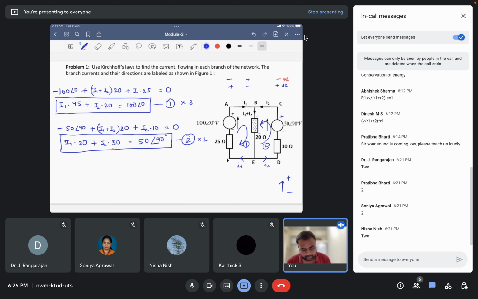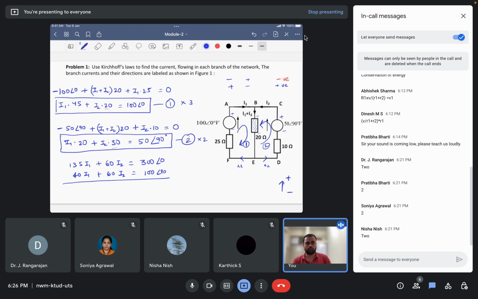So 45 into 3, that is 135 I1 plus 60 I2 is equal to 300, angle 0, and multiplying equation 2 by 2, this is 40 I1 plus 60 I2 is equal to 100, angle 90 degrees.